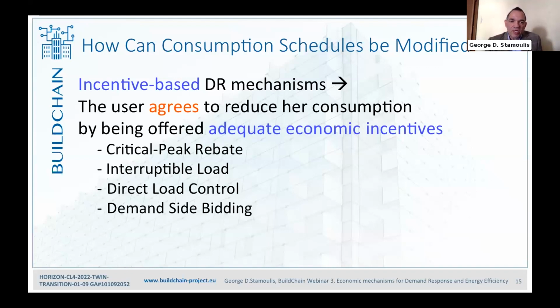For example, we can ask a user to reduce his consumption of air conditioning in case of very high temperature, because there's a risk of an outage, and at the same time give him a discount or, let's say, another kind of rebate. This is the scheme of critical peak rebate.